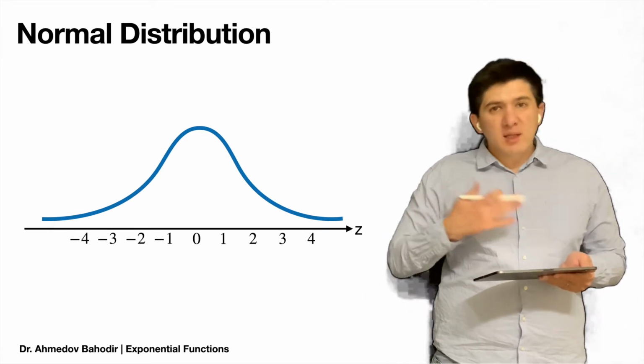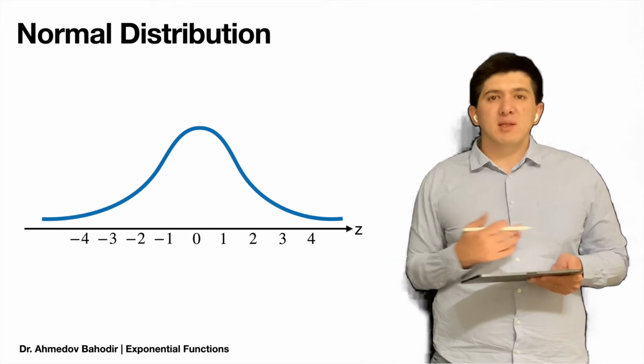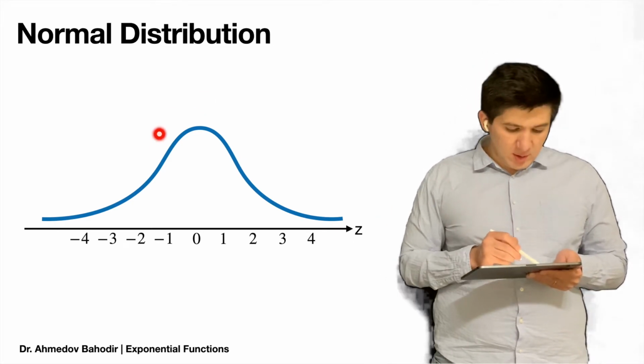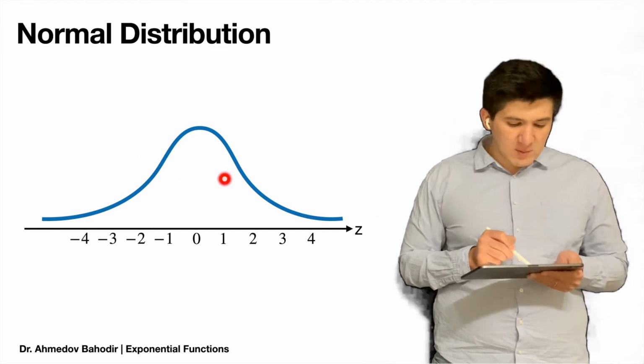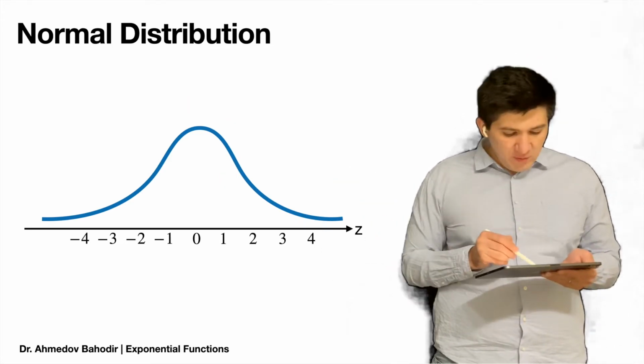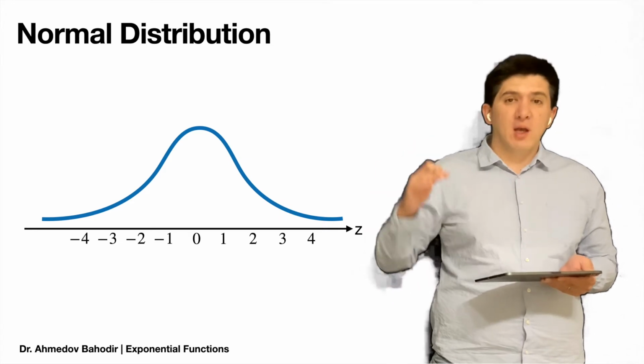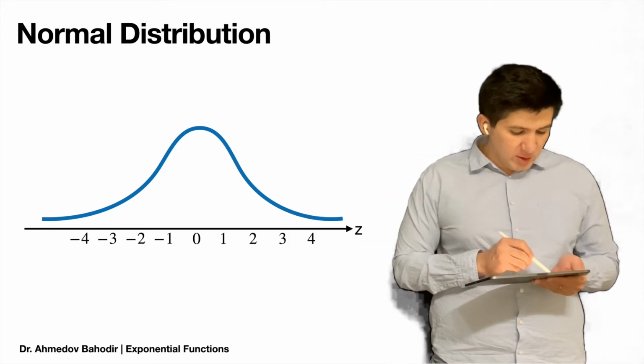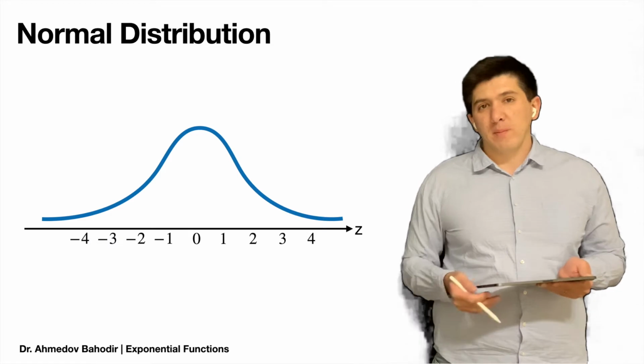And this can be applied to our example with the exam scores, right? It's normal to expect that lots of students are going to have the average score. Very few students are going to have the high score, and very few students are going to have the low score.